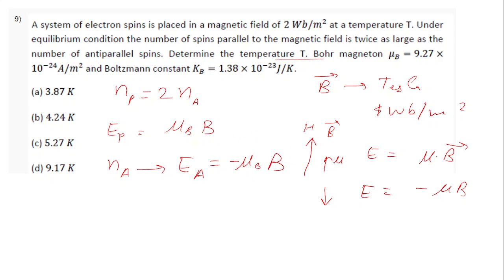Okay. Now we have to calculate the temperature. What we can do here is, because it's given at equilibrium, we can apply this.